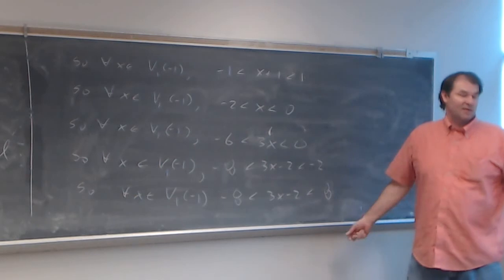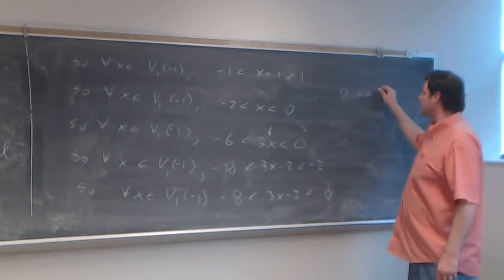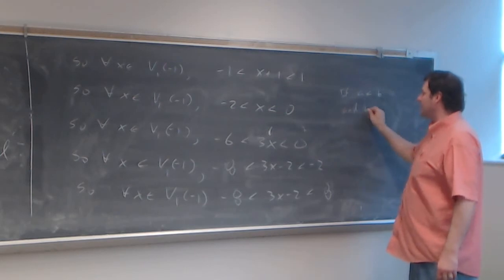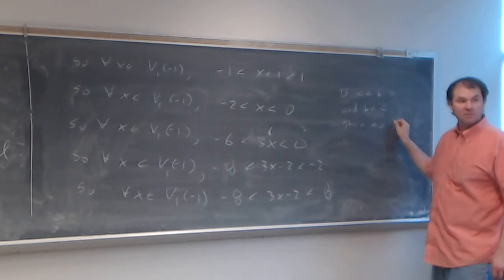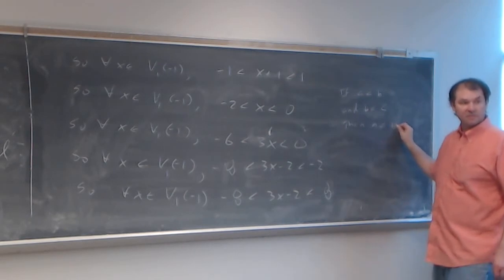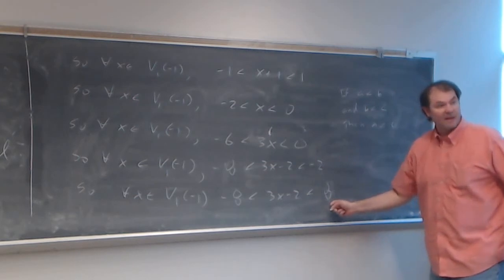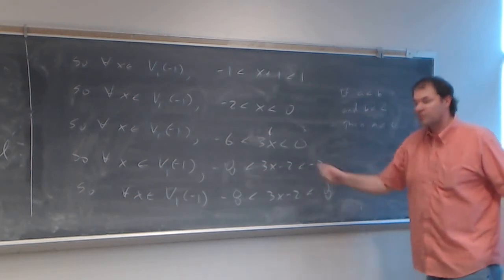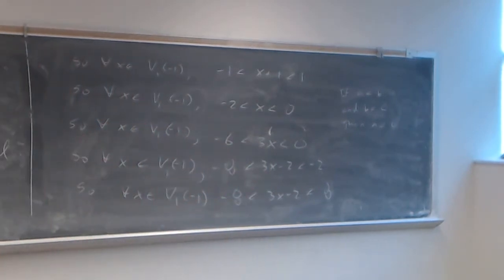So what I'm saying is, if A is less than B, and B is less than C, then A is less than C. Is that okay? So this is less than minus 2, minus 2 is less than 8, and so 3x minus 2 is less than 8. The reason I wanted that is because I want to be able to say something about the absolute value.